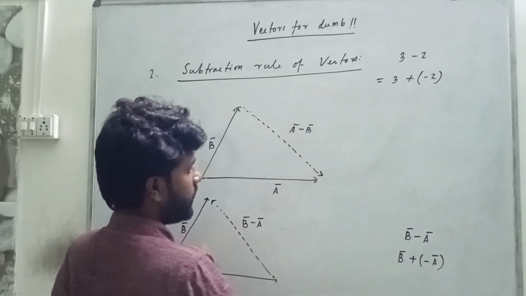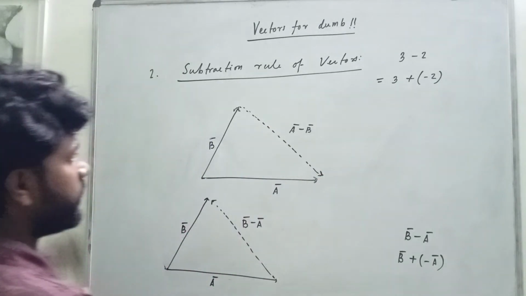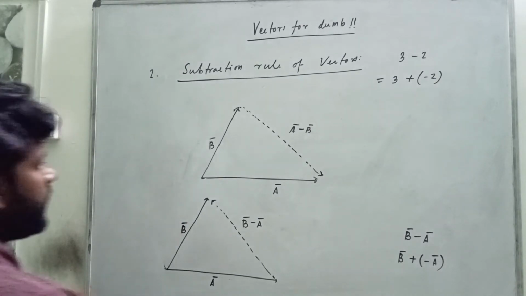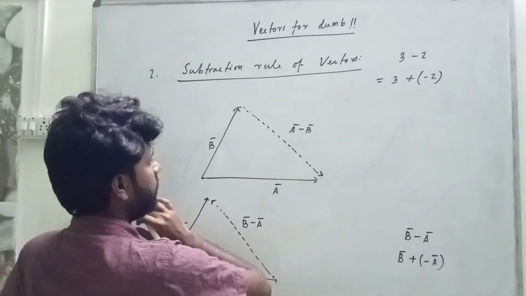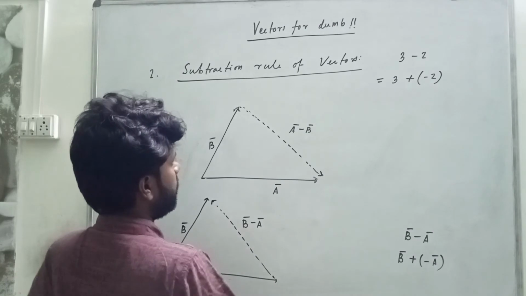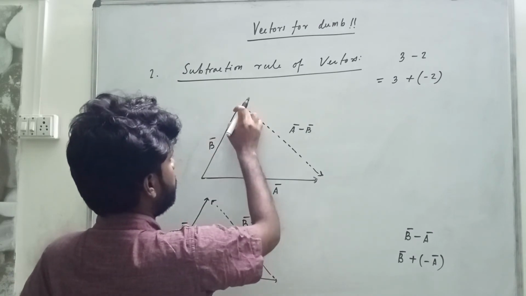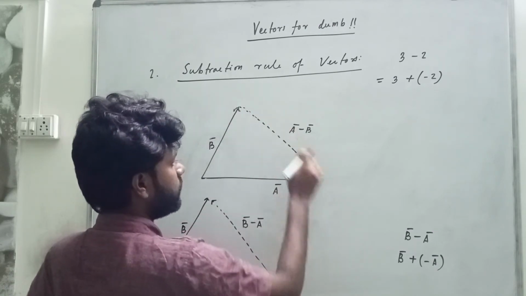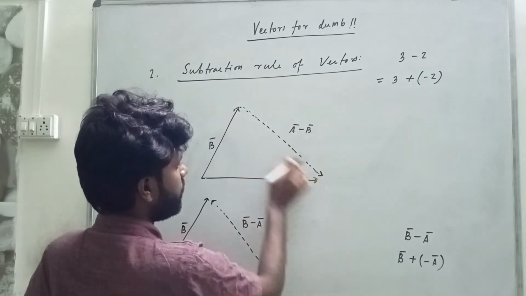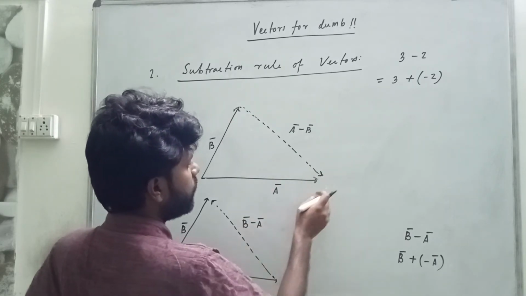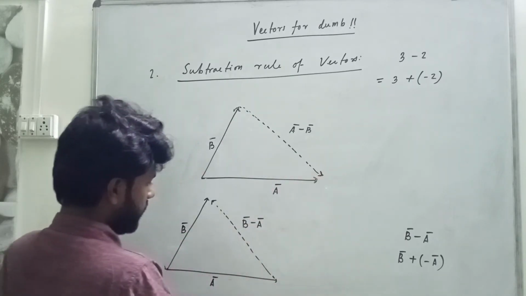Just directed towards A. It is a very crucial thing. If it is A, if it is B, then A minus B means this straight line from this point to this point, but the arrowhead is actually towards A, right?